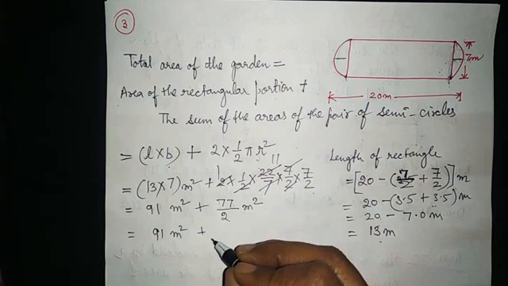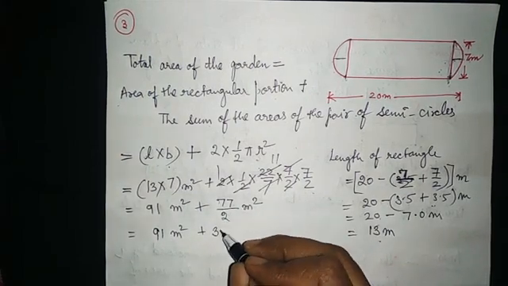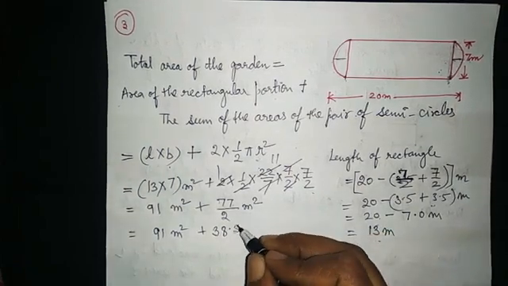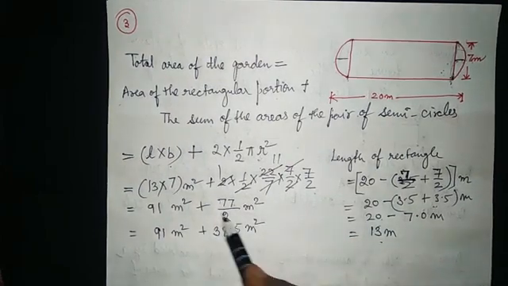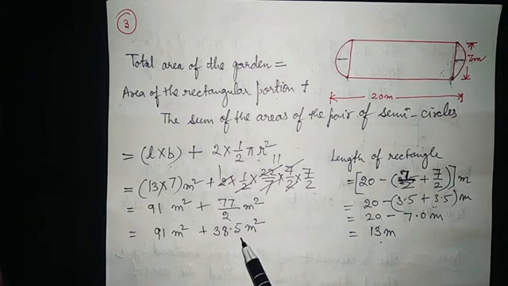So here we solve: 2 threes are 6, and 2 eights are 16, decimal, and 2 fives are 10, so 38.5 meter square. Now we will add this 91 meter square and 38.5 meter square.